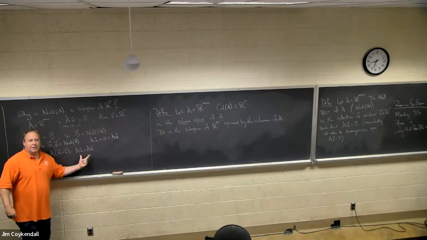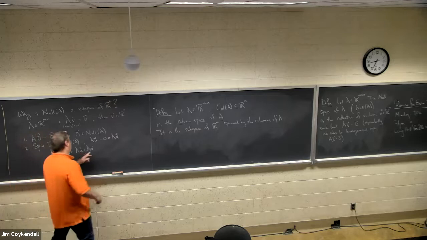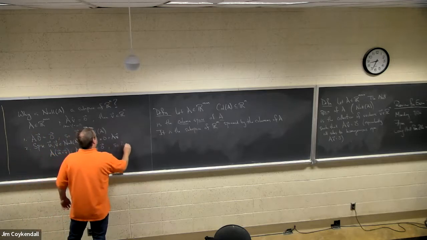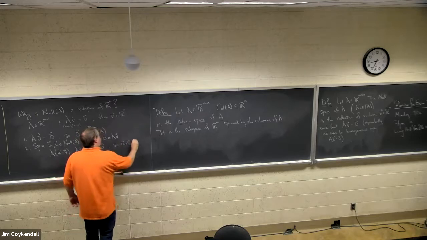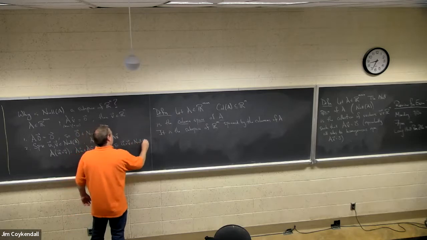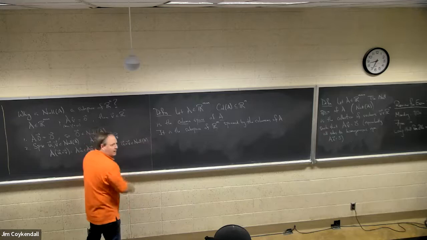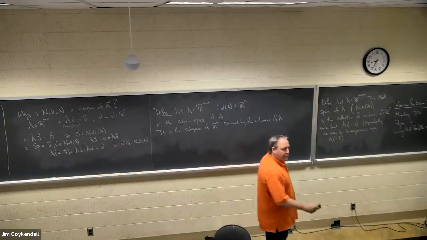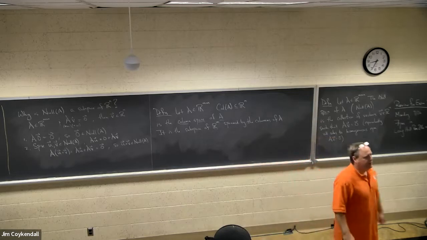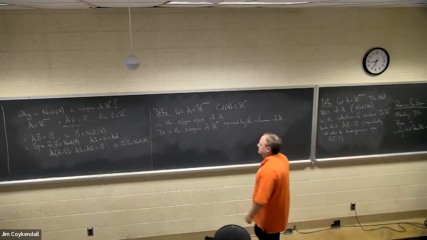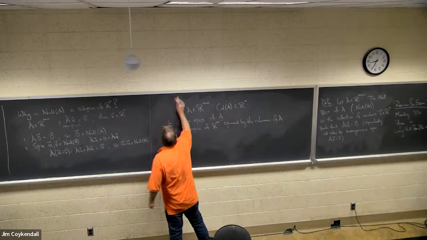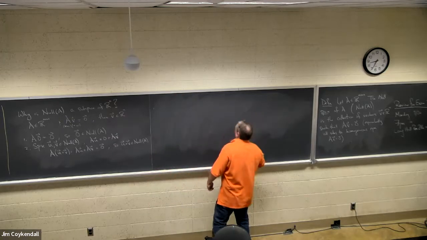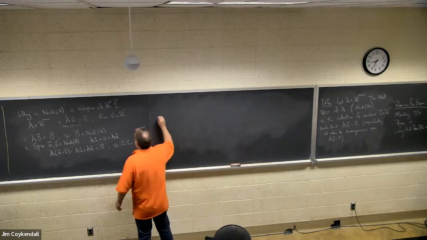They're both 0 because they're in the null space, and 0 plus 0 is 0. So U plus V is in the null space. Okay. That's the second hurdle. If U and V are in the null space, so is U plus V.